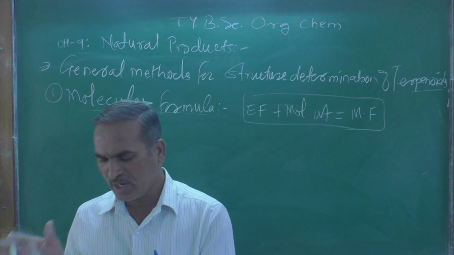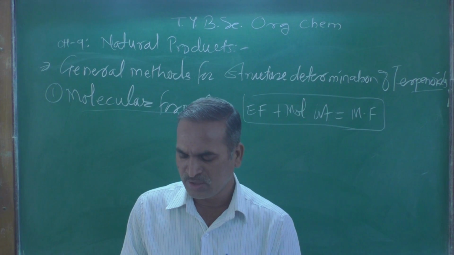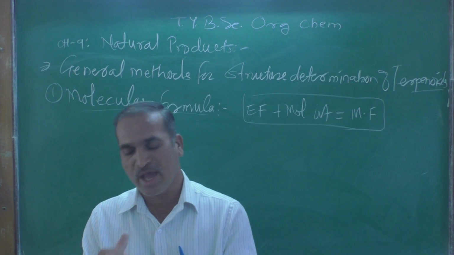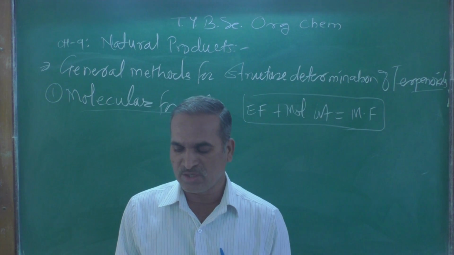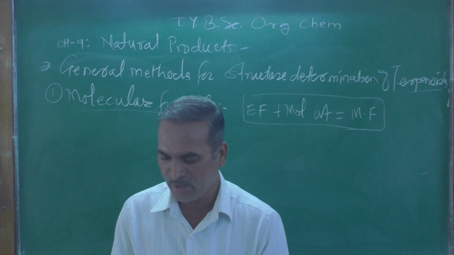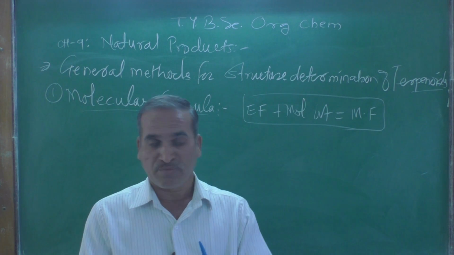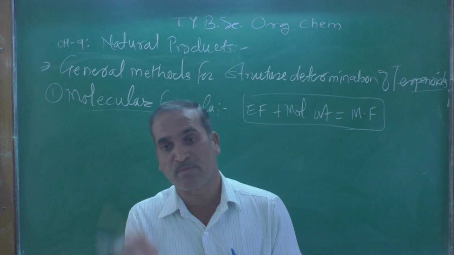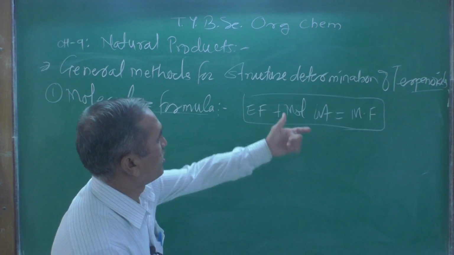A specimen obtained from a natural source is analyzed to determine and estimate the elements present, from which the empirical formula is determined, and from the empirical formula and the molecular weight we can calculate the molecular formula.